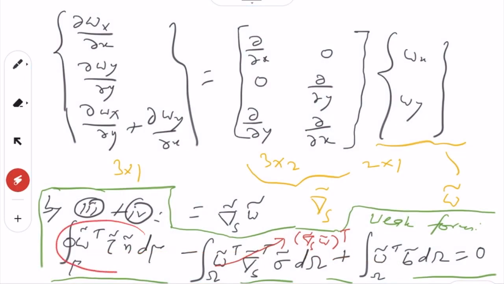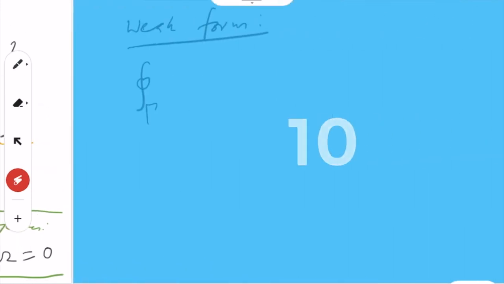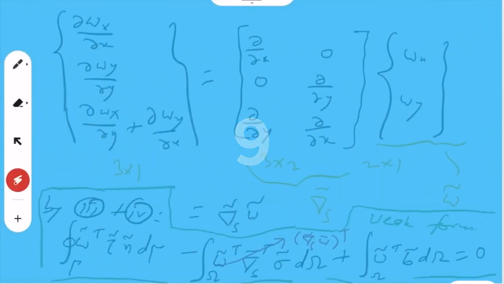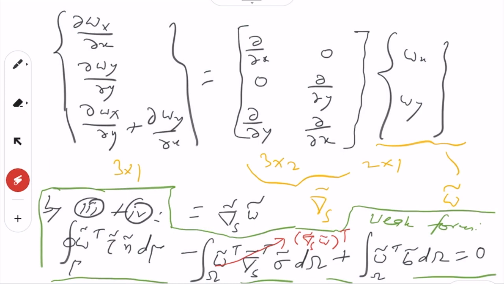So we have this as W transpose tau n, d gamma, then minus, and we should have transpose of that, and then sigma.